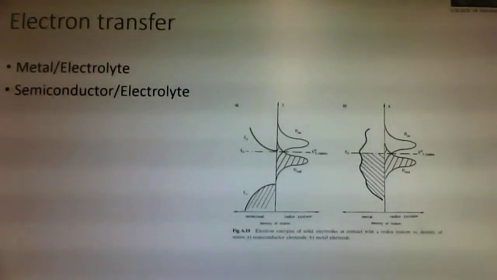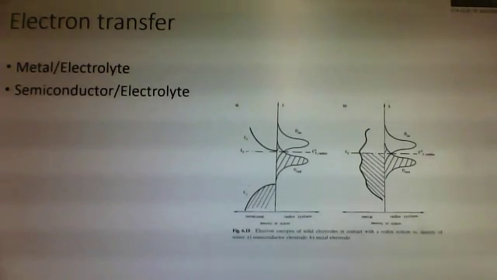Well, when we look at the interface between the semiconductor and electrolyte, now the story could be a little bit different. The reason that the change is in the electrolyte side when we have a metal-electrolyte interface is that metal is the hard material in terms of energy. Hardly can we change the energy level of that, whereas the electrolyte could be changed.